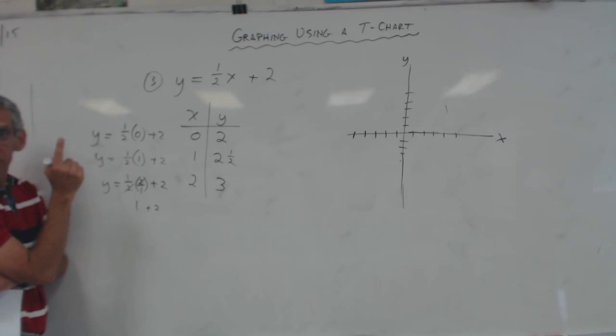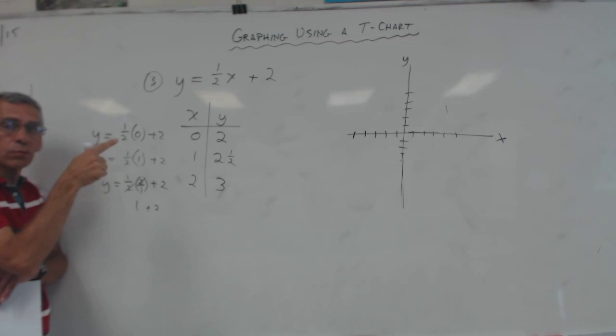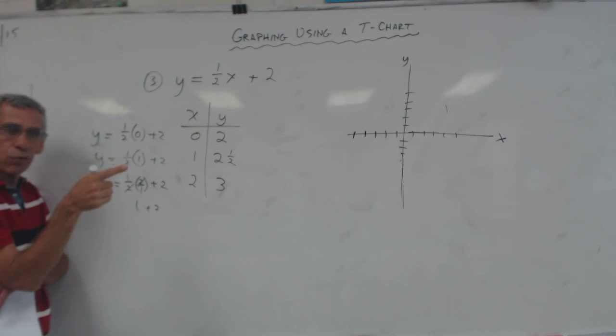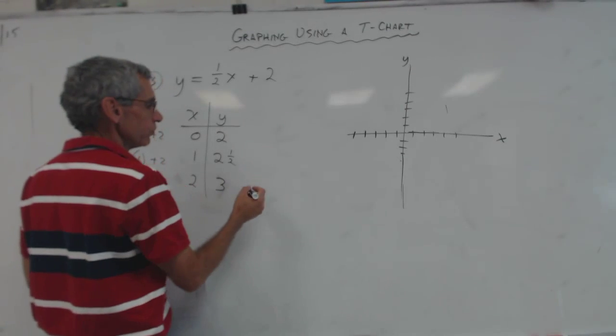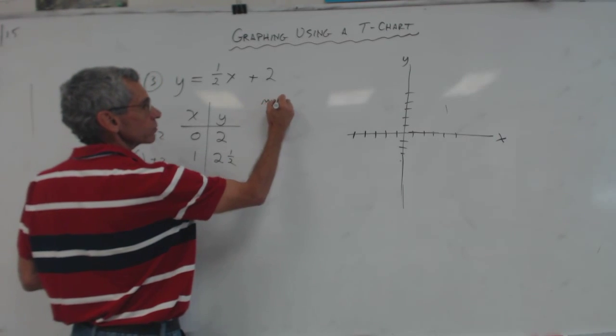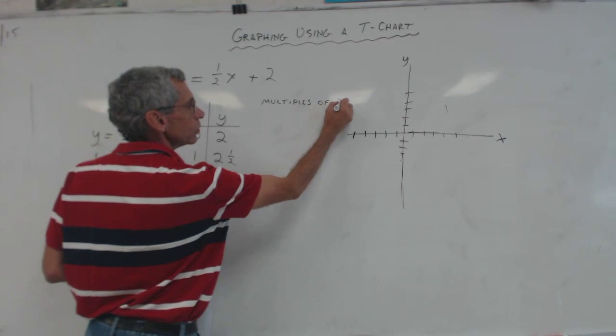If I remember what we said multiples are, multiples of 2, 2 times 1 is 2, 2 times 2 is 4. 2 times 2 is 4, Gary. Learn it. Multiples of 2. Right?